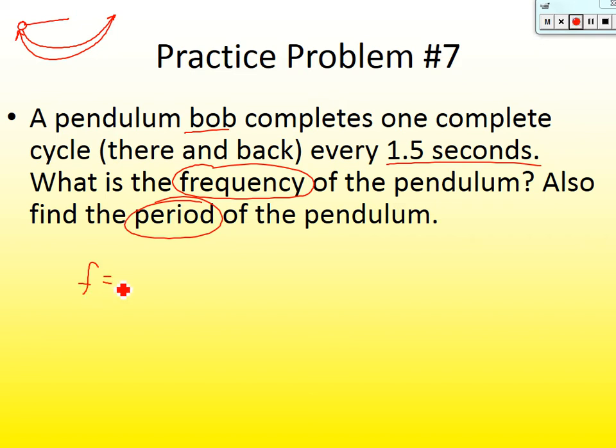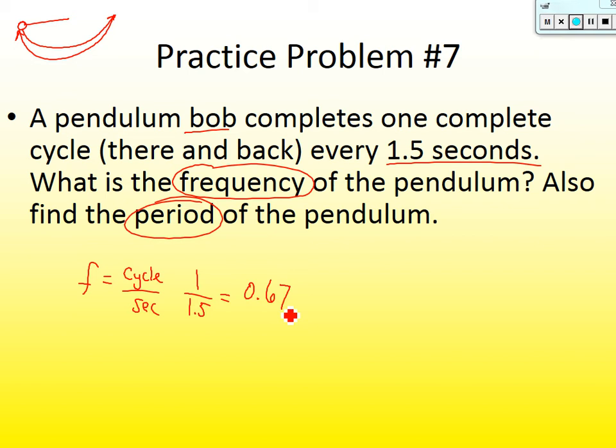Frequency is usually waves per second, but is a pendulum a wave or is it a cycle? Cycle. So let's call it a cycle per second. How many cycles did it go through? One cycle, there and back. How many seconds did that take? 1.5. So what is 1 divided by 1.5? Yeah, it's 2/3, so 0.6 repeating. I'm just going to round it to 0.67.